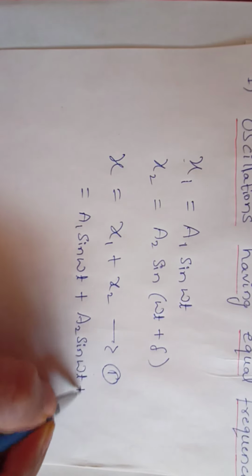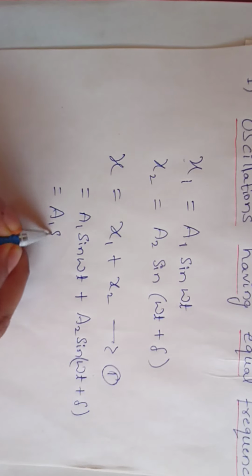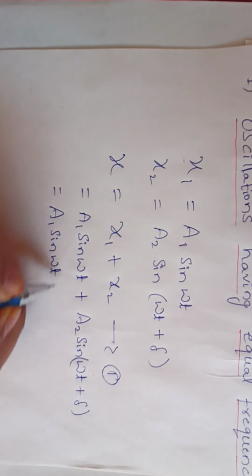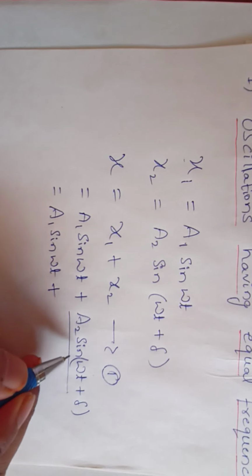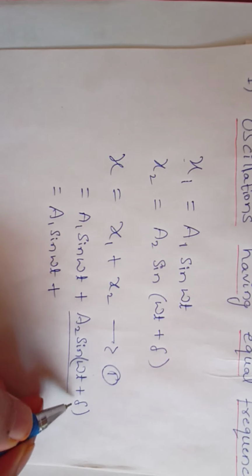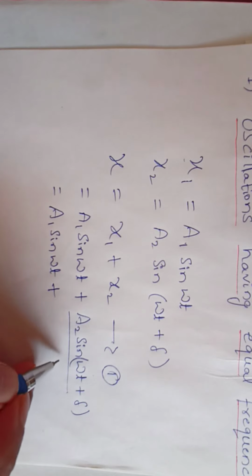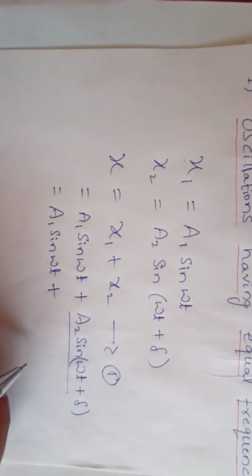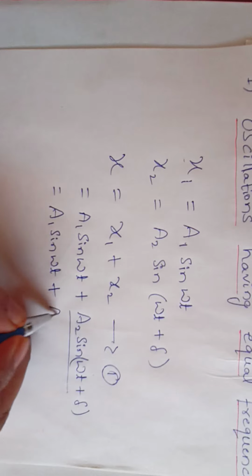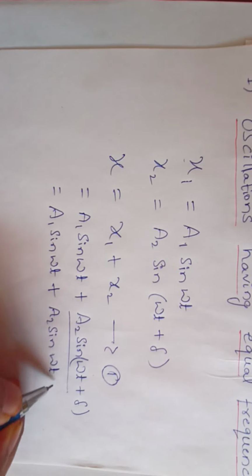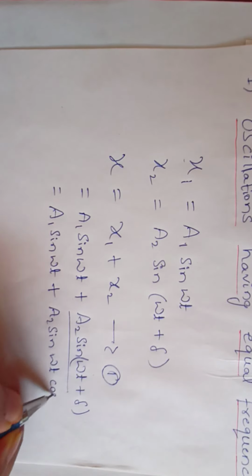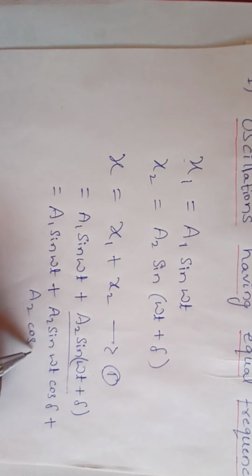Now write a1 sine omega t as it is. For the second term, this is in the form of sine a plus b, so we have to write it as sin a cos b plus cos a sin b. So let us write a2 sin omega t cos delta plus a2 cos omega t sin delta.